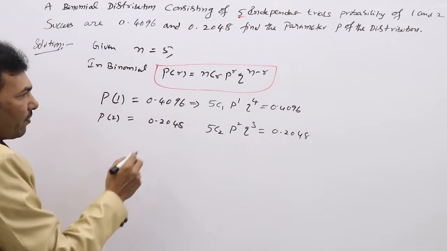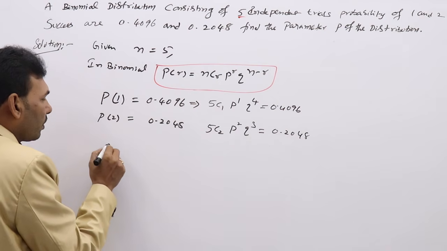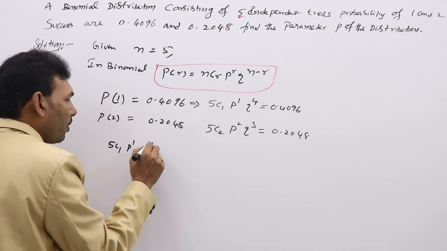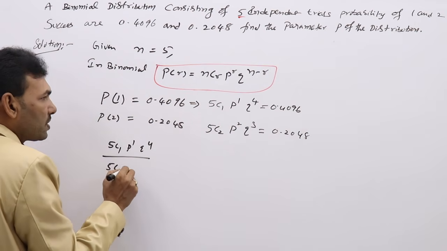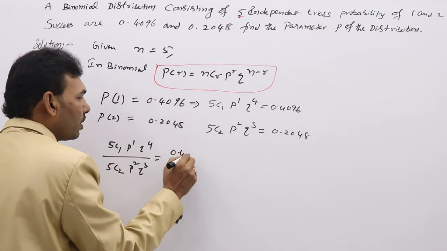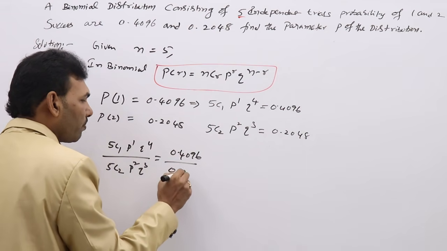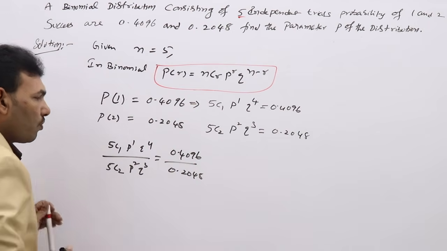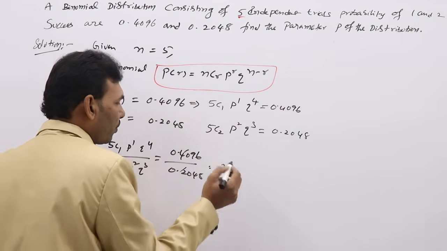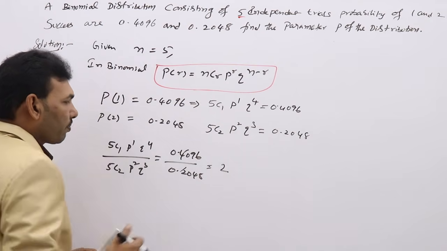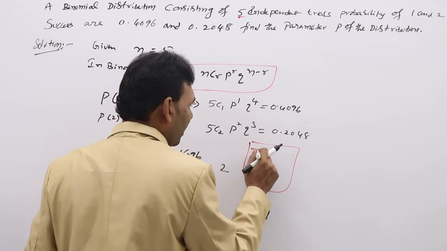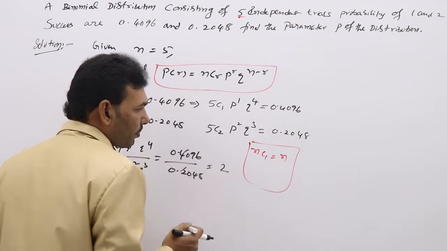Now if you divide, 5C1 P power 1 Q power 4 by 5C2 P square Q cube equals 0.4096 by 0.2048. If you cancel these two, you will get 2. If you want, you can use your calculator. 2 you will get.